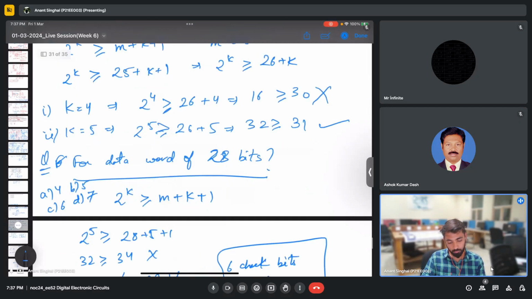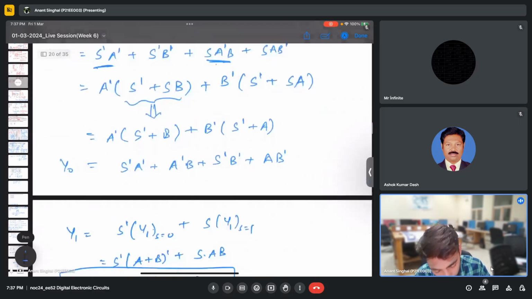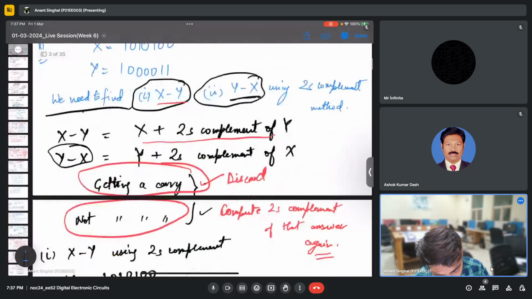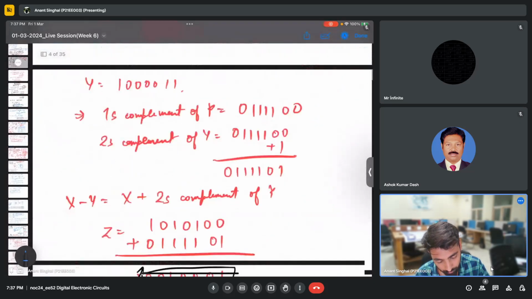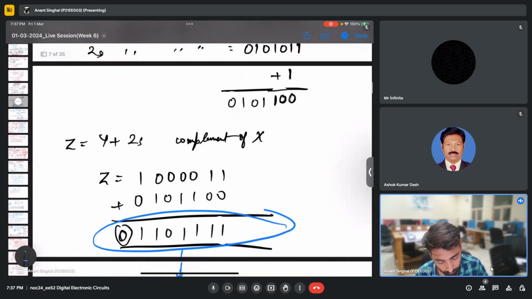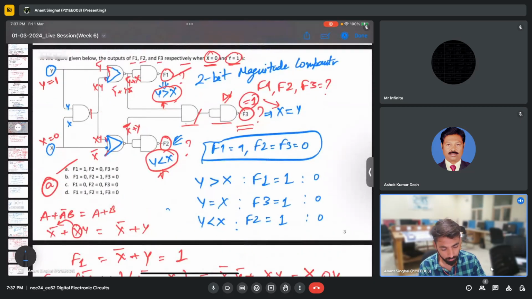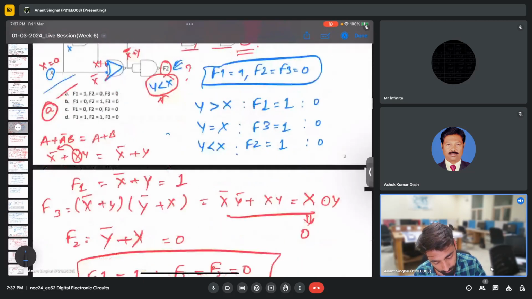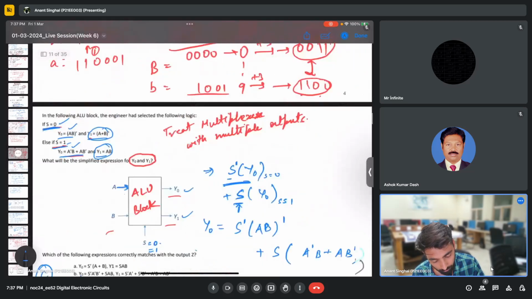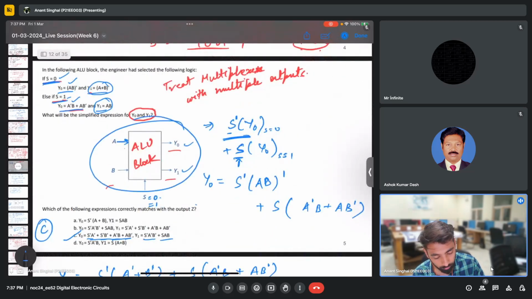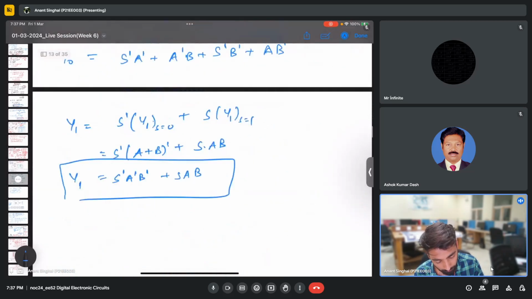So let me quickly summarize the things that we have covered. We started with the last question of the previous lecture on the complement part, and then we covered a lot of magnitude comparator questions. Basically, we studied the 2-bit magnitude comparator circuit initially, and then we read about how the ALU block works and how you can solve problems from the ALU block.